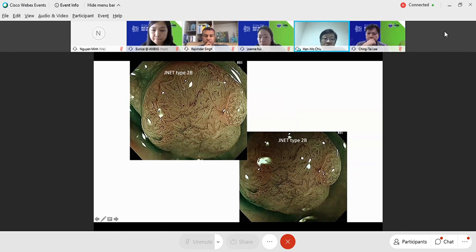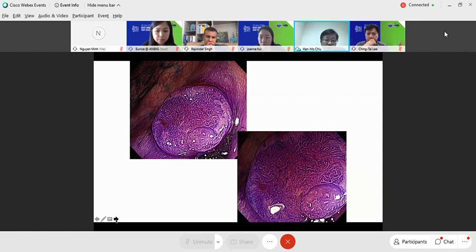And we can see the type 2B JNET, and you can see in this area, the capillary pattern is rather irregular. After crystal violet staining, we can see a demarcated area with type 5I Kudo pit pattern like this.